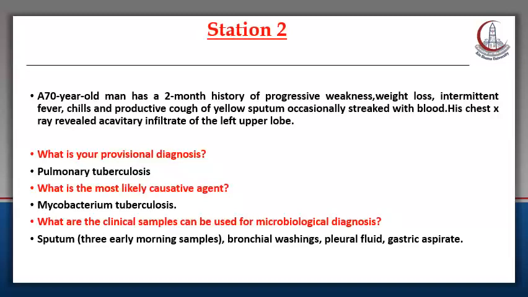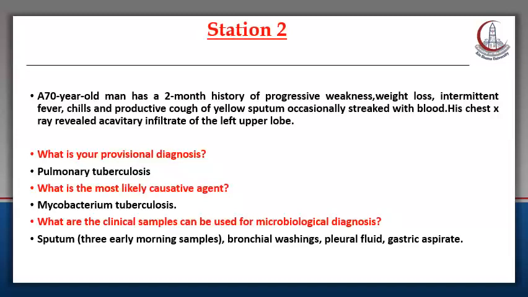In case of pulmonary tuberculosis, it's very clear that this patient is having pulmonary tuberculosis, as all of his symptoms are going with it, and the Mycobacterium tuberculosis is loving the oxygen.